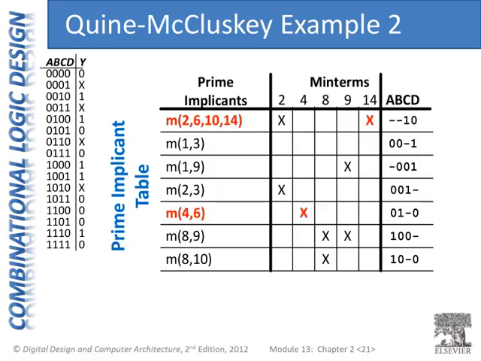Again, we look at our constraints, columns that have just a single x in them, so a single option for covering that minterm. And then we see what we get for free with that.